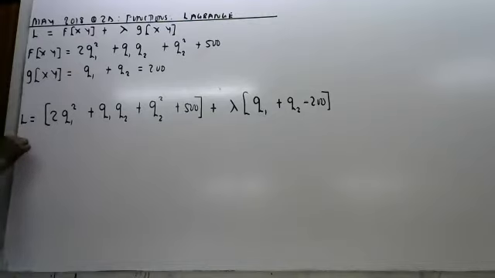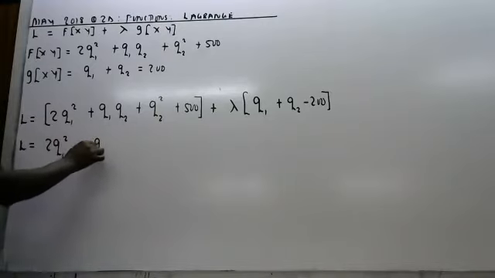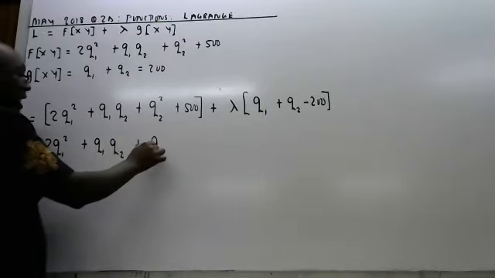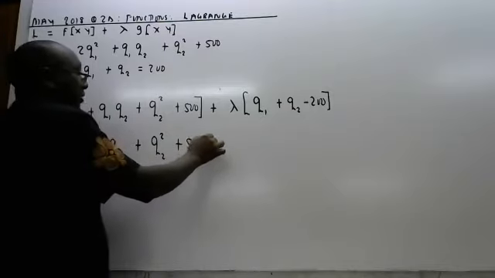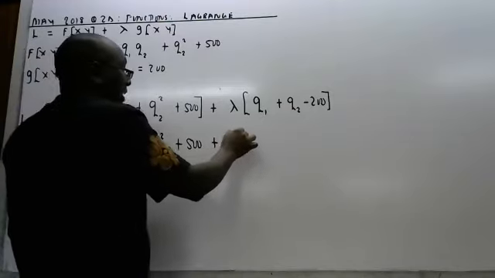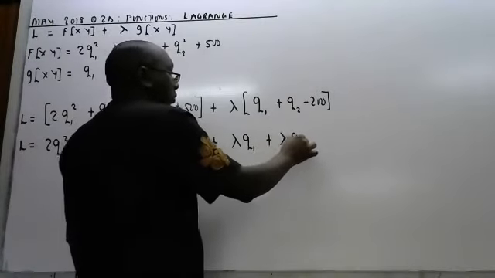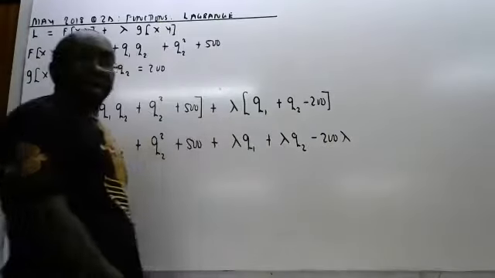So proceeding, this gives us 2q1 squared plus q1 q2 plus q2 squared plus 500 plus lambda q1 plus lambda q2 minus 200 lambda.